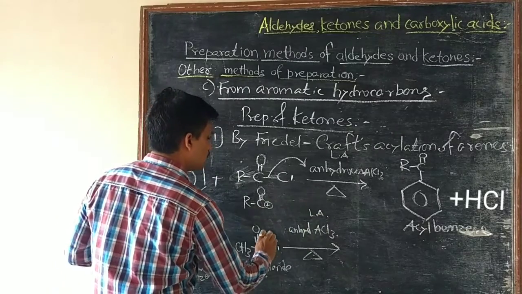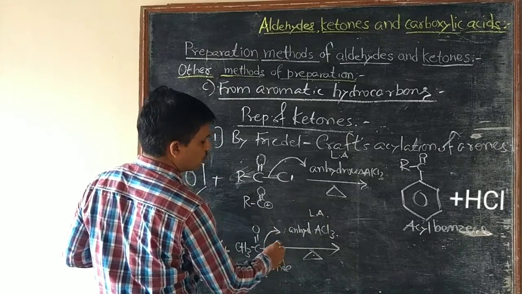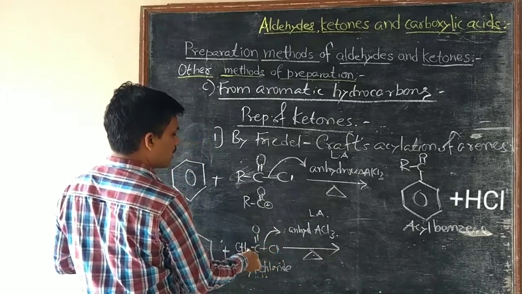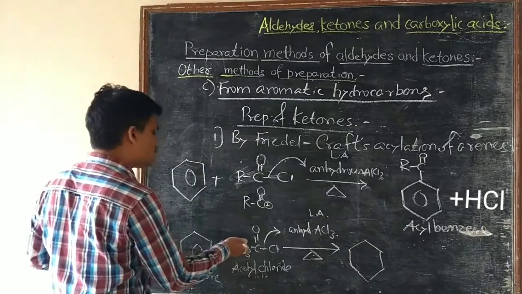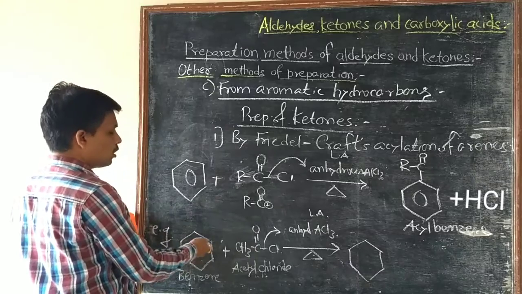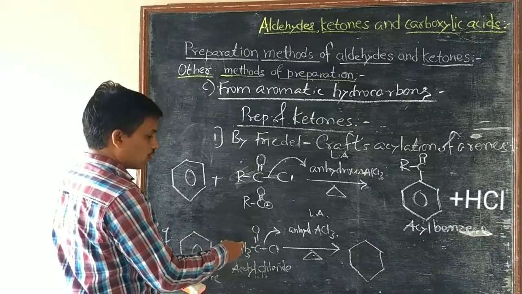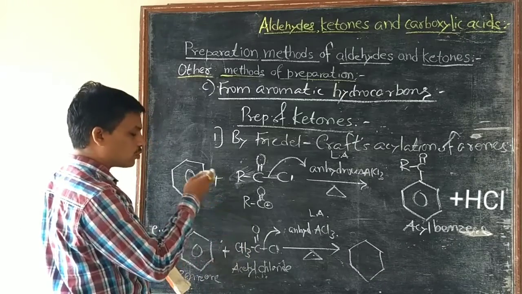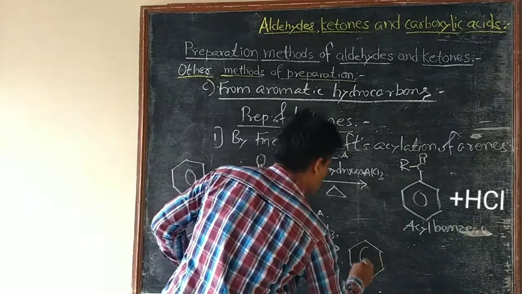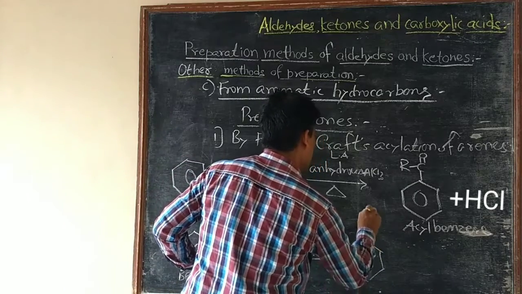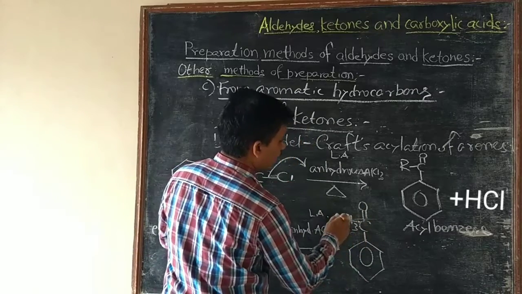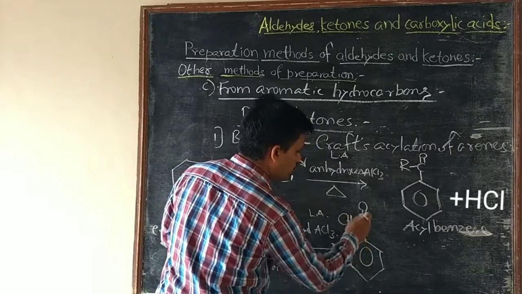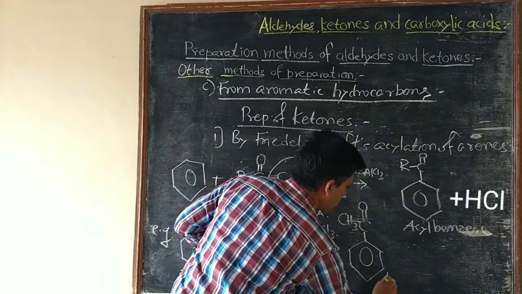It withdraws these electron pairs with this chlorine to form its acylium ion. That is, this acylium ion attacks on benzene nucleus. That is, electrophilic substitution reaction takes place to form its acetyl derivative. Its name is methyl phenyl ketone, that is, it is also called acetophenone.